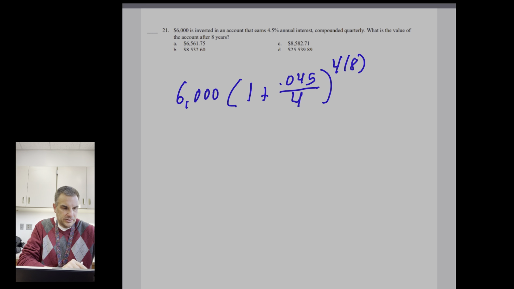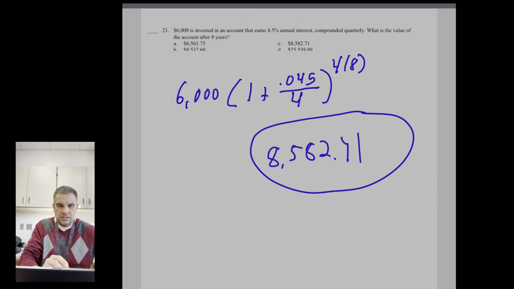So I go 0.045 divided by 4 plus 1. Then I take that to the 32nd power. And then I take that times 6,000, calculator stuff. So you get $8,582.71, which is C.